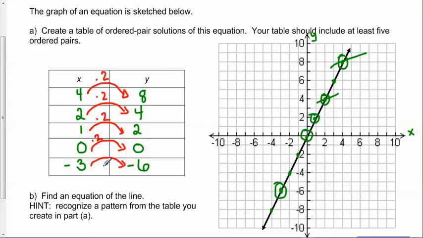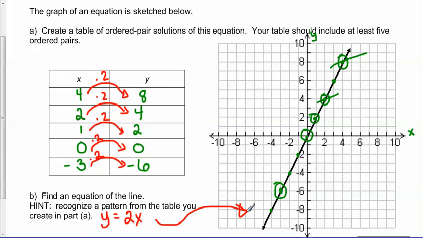And even with the negatives, from -3 to -6, multiplying by 2 takes care of it. So what would be the equation of the line? For any y, how do I get my y? I take 2 times the x value. And so that would be the equation of that line: y = 2x.